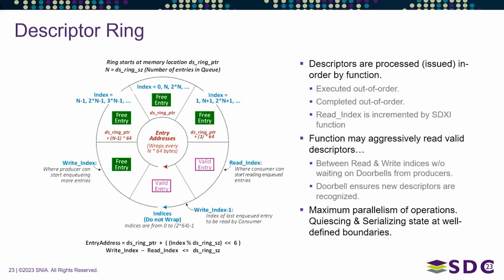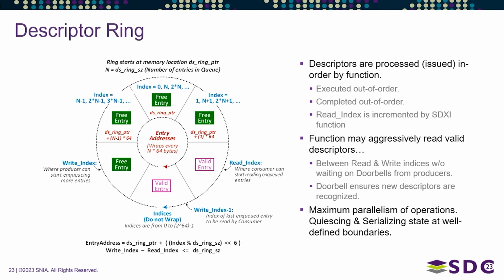So this is the descriptor ring. It's pretty standard. The one thing unique about the ring is, you can keep incrementing the write indexes. The write index values don't wrap around because it's a 64-bit value, but the actual location does wrap around, and that's what is shown in this complicated math here.